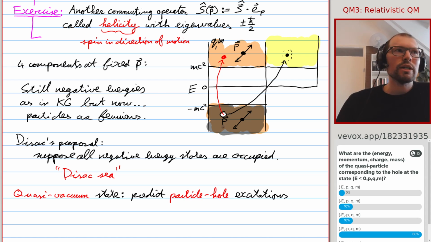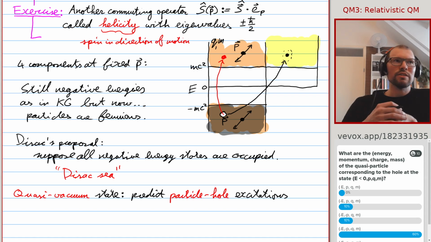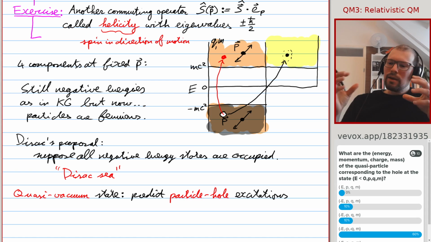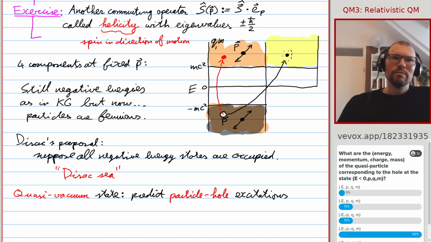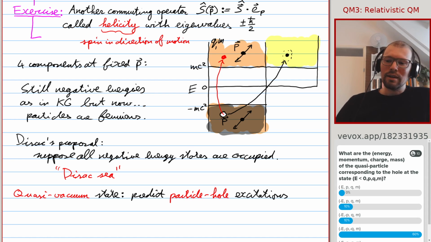The energy and momentum are really additive quantities, right? If I'm looking at the energy and momentum of the system as a whole, then if I produce a hole, that means I'm taking a particle away with these quantum numbers.